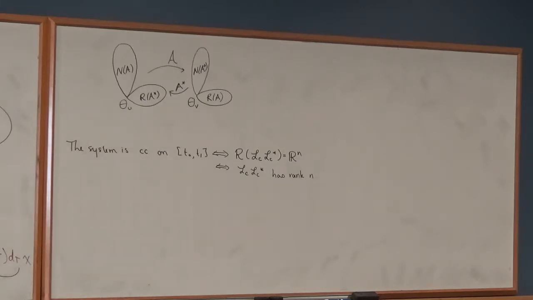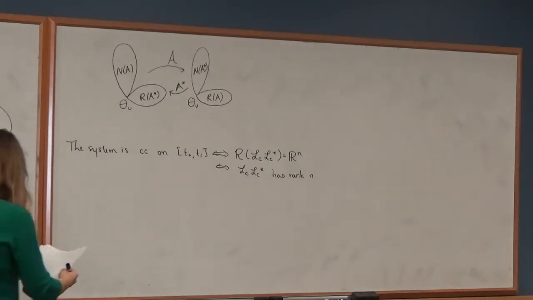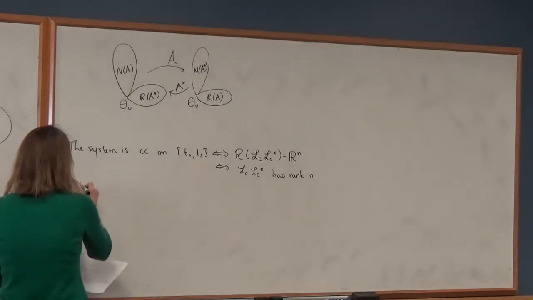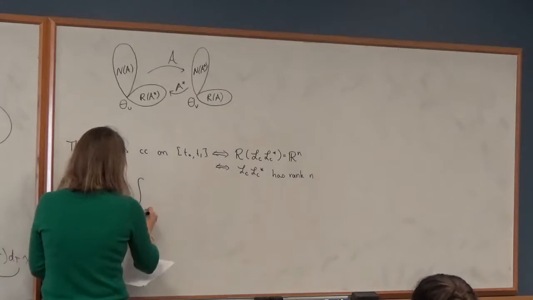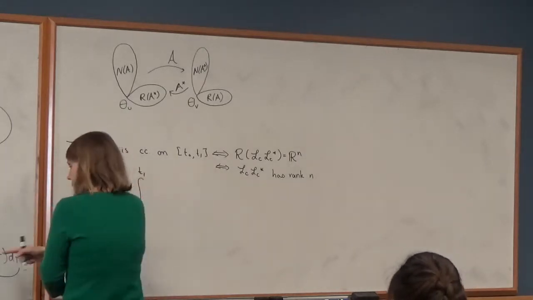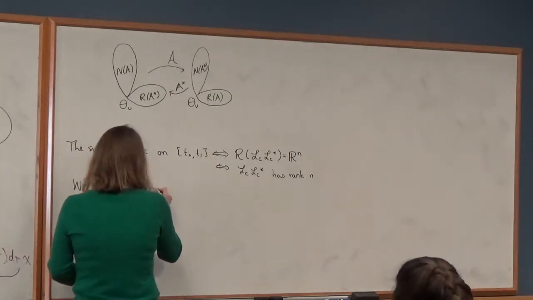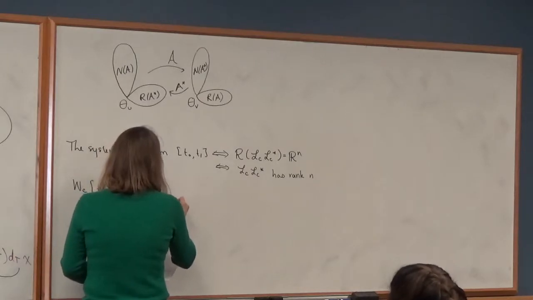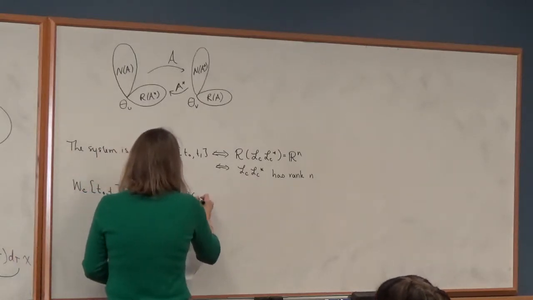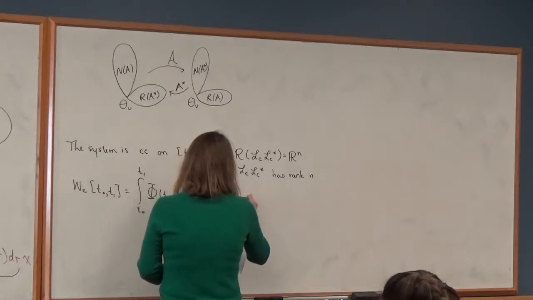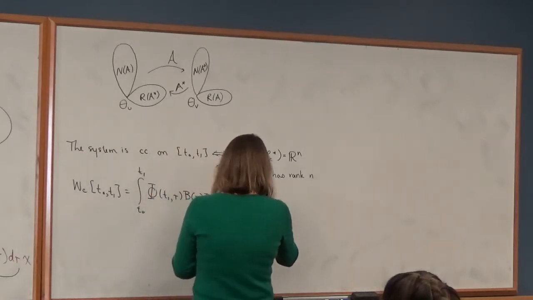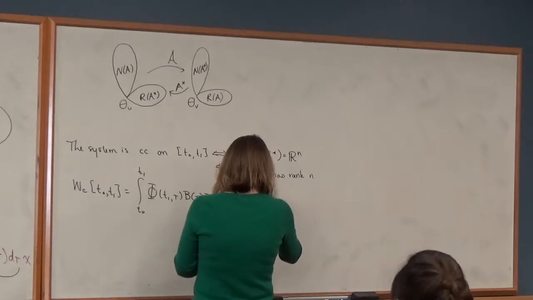All right, good. So we've now got a matrix rank test, and we define this matrix. It has a special name. We call it WC. It's a function of this time interval through the integral from t0 to t1. So I'm just going to rewrite this matrix here. It's the integral of phi(t1, tau) B(tau) B star(tau) phi star(t1, tau) d tau.